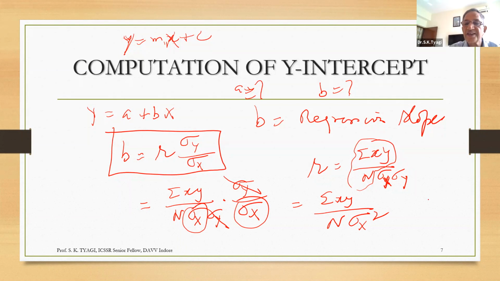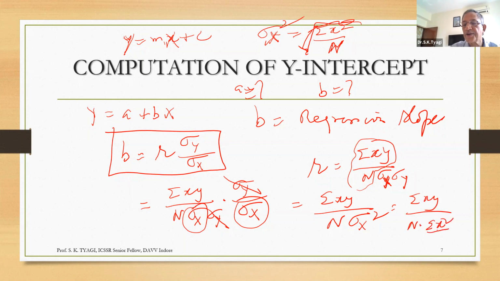Now, once again, you should know what sigma x and sigma y are. Sigma x is the standard deviation of x, and the formula is the square root of sigma small x square upon n. So if you square it, sigma x square is sigma small x square upon n. You put this formula here: sigma xy upon n into sigma x square upon n.